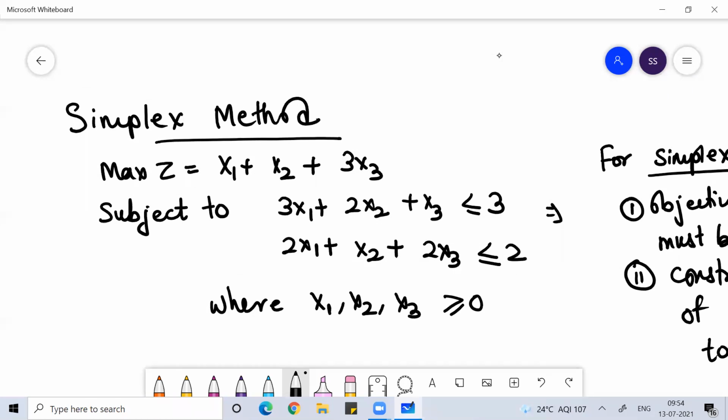I hope this part is clear to all of you. Once you see that your objective function is maximization and constraints are of less than or equal to, you're good to solve it by using simplex method.